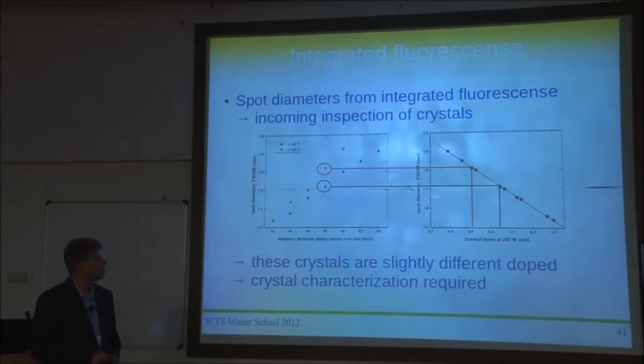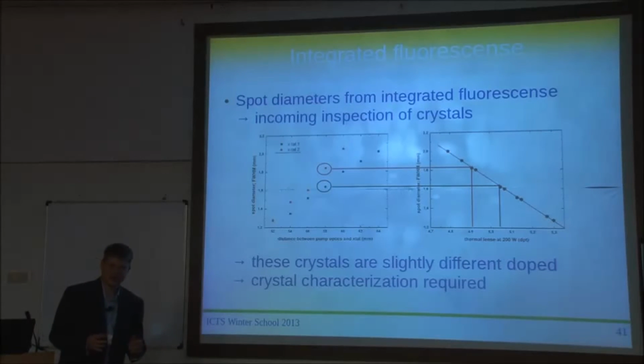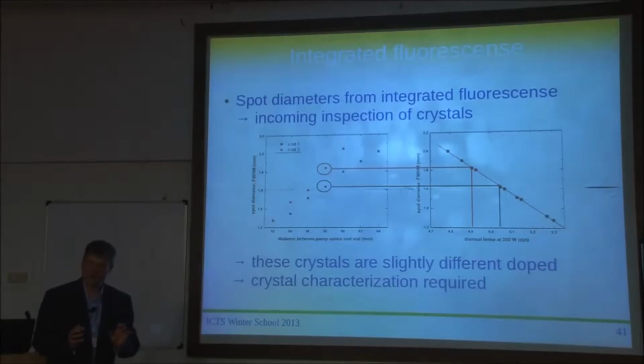And the consequence of that is shown in this graph. A different doping concentration would lead to a different thermal lens, and that would actually change the stability range of the resonator. That's the thing I was talking about yesterday.